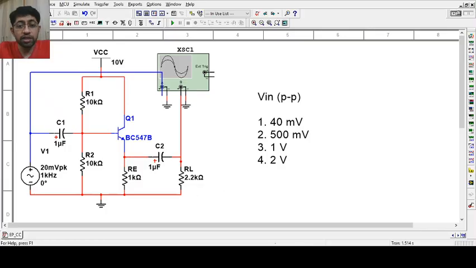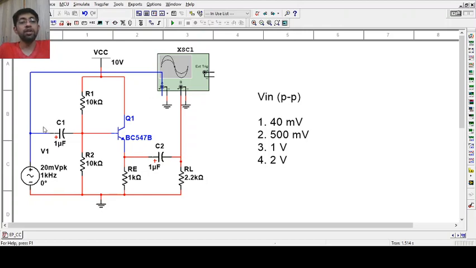Let us move to Multisim. Here you can see the circuit, and we will vary the input voltage and take the output voltage across load resistance RL.